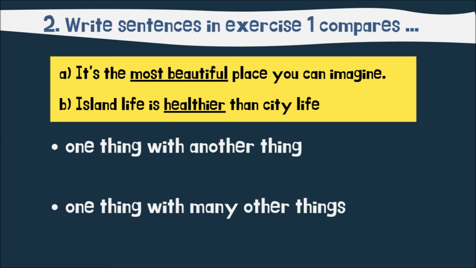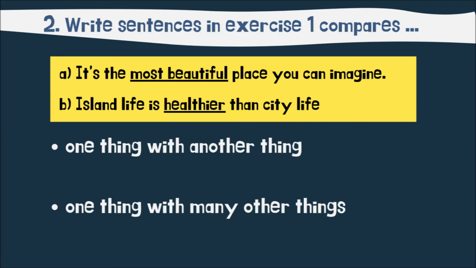Okay, from exercise 1, which one from A and B compares between one thing and another thing? Yang mana satukah di exercise nombor 1 tadi yang membandingkan antara satu perkara dengan satu perkara yang lain? A or B? Which one? Okay, kejap wait, we will discuss.